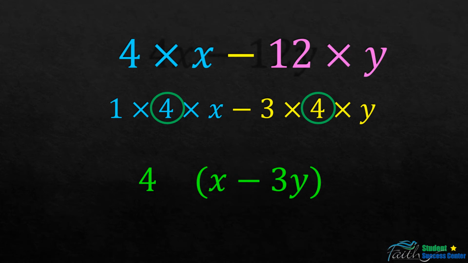In the first term I have an x left, in the second term I have a 3 and a y left, so that is enclosed inside of brackets. So the factorized version of this expression will be 4 brackets x minus 3y. And this is just the backward, we're just working backward from the distributive law. So we're now working backwards.